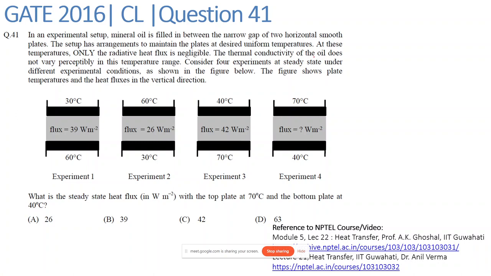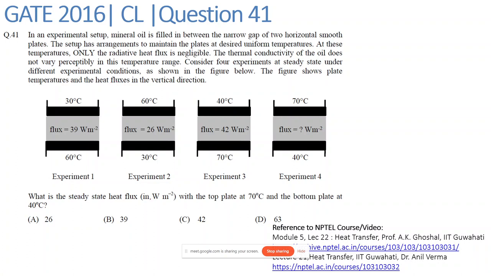The thermal conductivity of oil does not depend perceptibly on temperature in this range. Consider 4 experiments at steady state under different experimental conditions as shown in the figure below. The figure shows plate temperatures and the heat flux in vertical direction. Okay, so the plate temperatures and heat flux are in vertical direction.